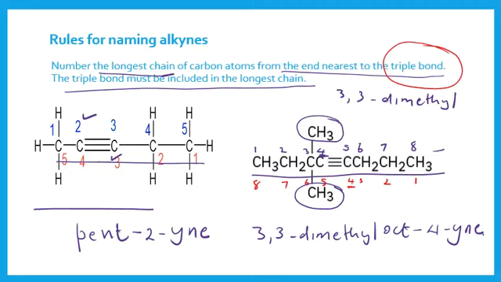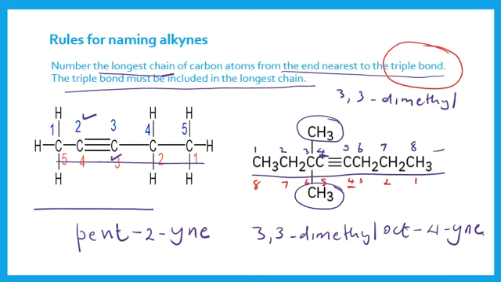4 carbon atoms. Now, once we have 4 carbon atoms, you can see now that the triple bond could be here. It could be somewhere else, but it could be on carbon number 2. But in this case, the triple bond is on carbon number 1. It is on the first carbon there, right?